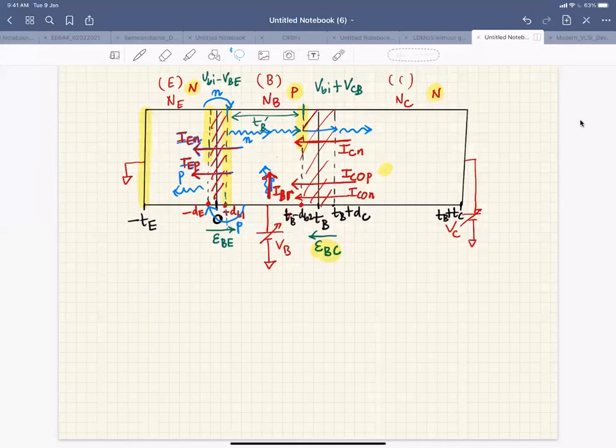If I look at the terminal current, this is the current inside your bipolar transistor.